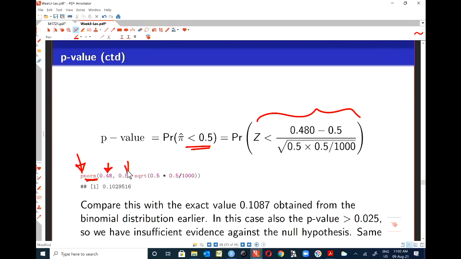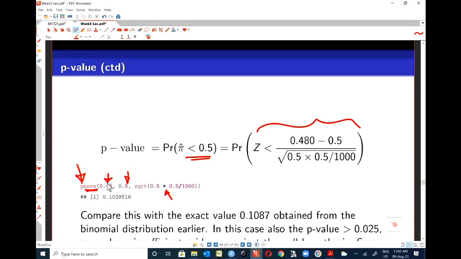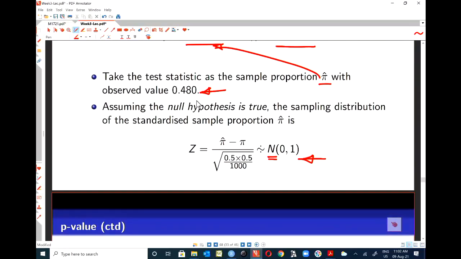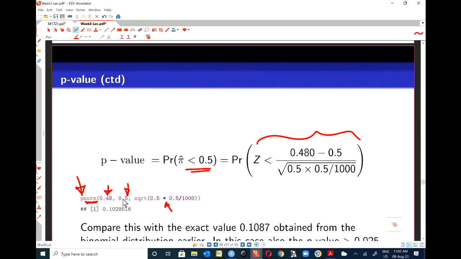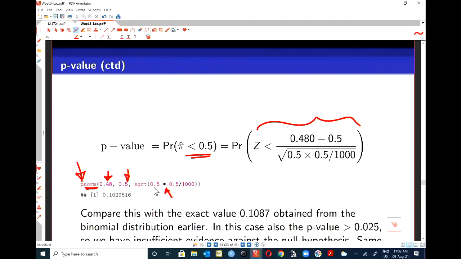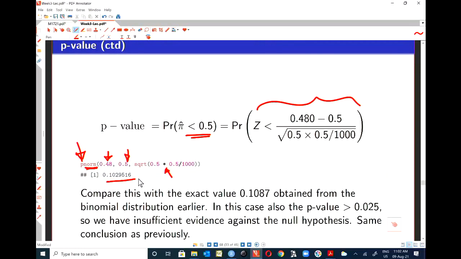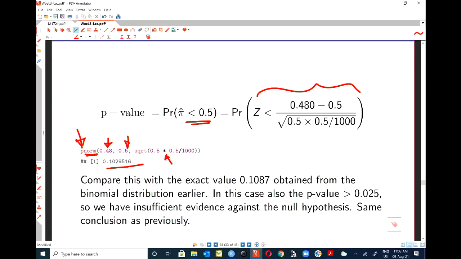This is the mean, and this is the deviation. I actually haven't done the calculation here; you can put in the values straight away. My pi hat was 0.48, my pi was 0.5, and my sigma is the square root of pi times 1 minus pi over n, which probably comes to 0.1029. What I had before from the binomial distribution was 0.1087.